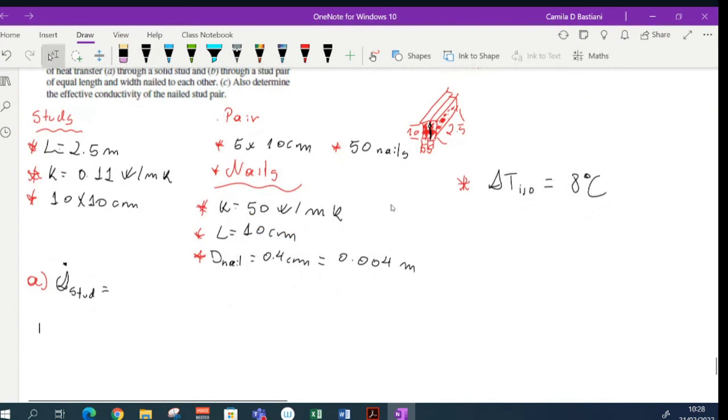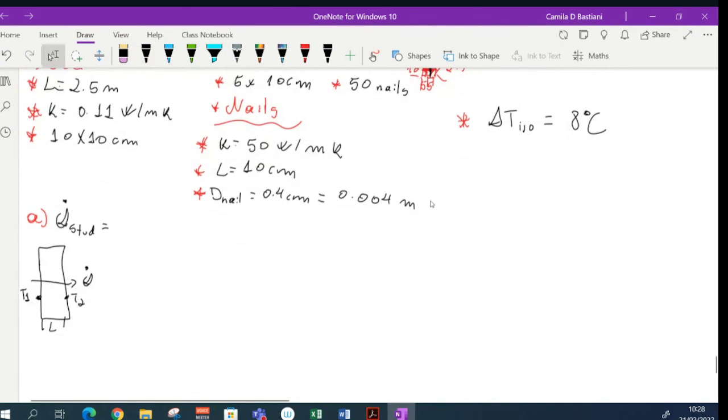Well, if I have one solid stud, I can assume one-dimensional heat transfer with a temperature on the inside and a temperature on the outside. And I consider that I have just one resistance, okay? So I assume that here I have just the resistance of my stud.